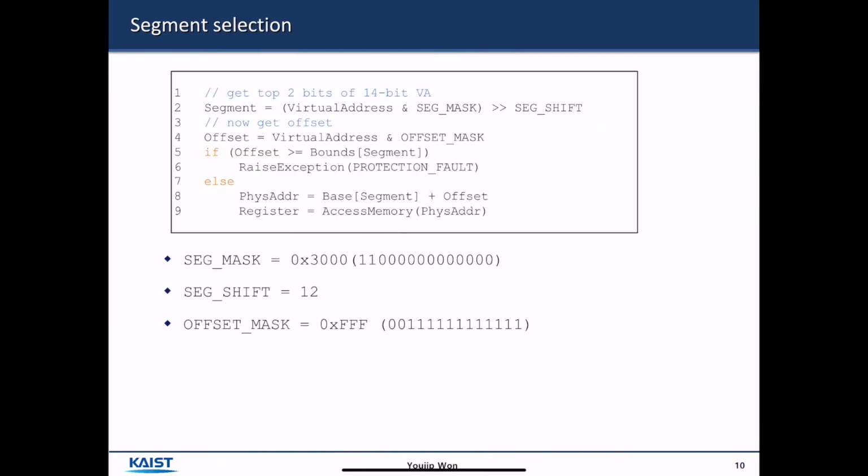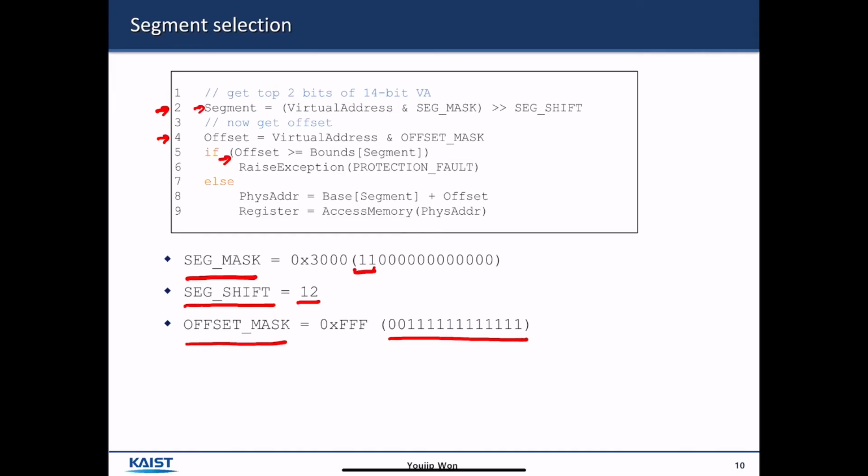Let me explain how we select a segment through software code. First, the segment mask extracts the leftmost 2 bits out of 14 bits, the segment shift is 12 bits, and the offset mask is all ones except the leftmost 2 bits, which are 0. So first, in line 2, it extracts the segment ID, the leftmost 2 bits, and then in line 4, it extracts the offset, and then checks if the offset exceeds the bound.